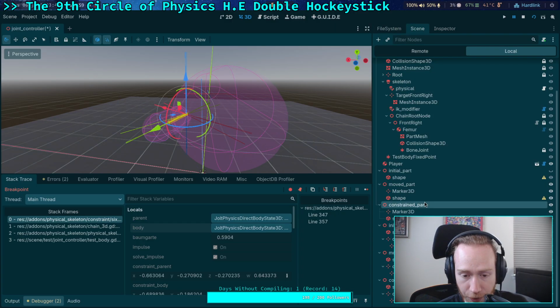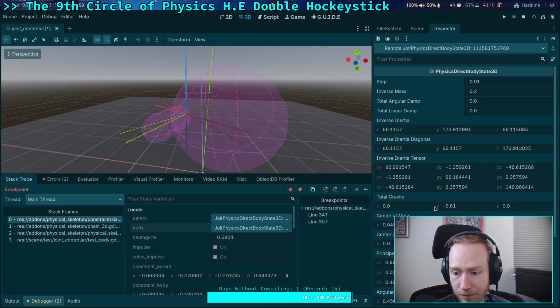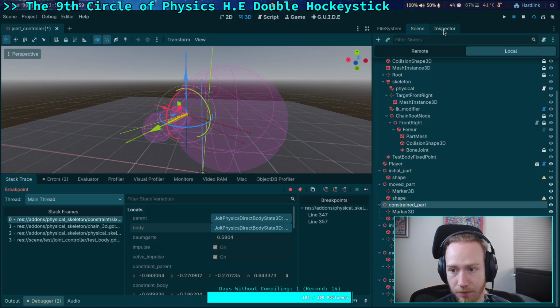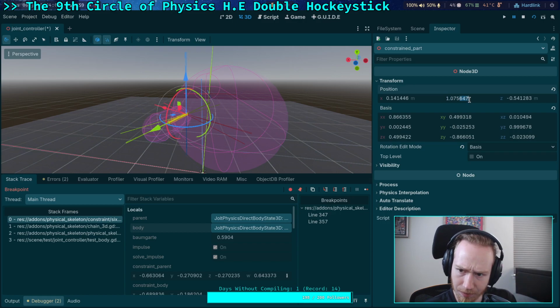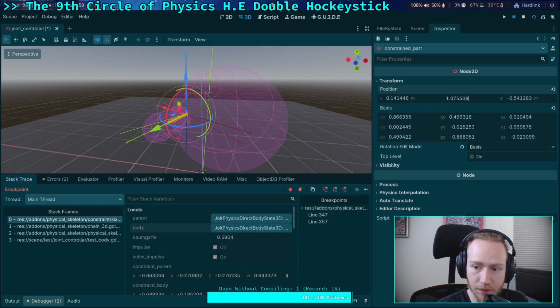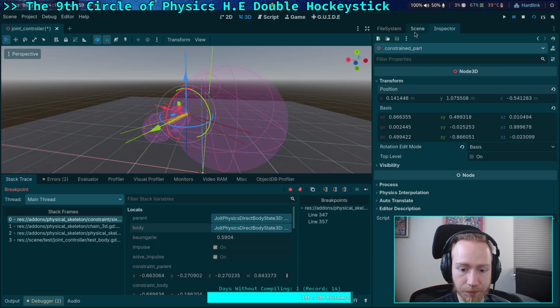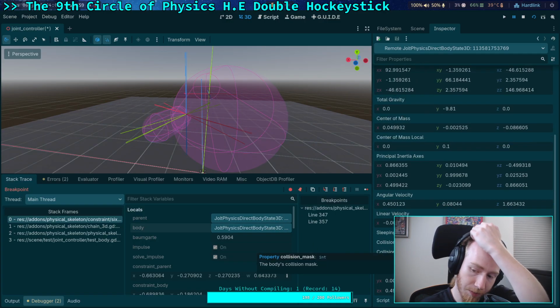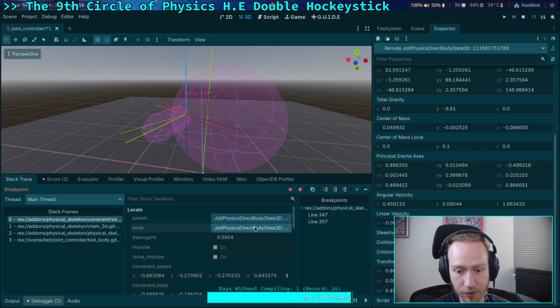Unless one of these is going to move it a meter in one of these axes suddenly. 75508. It's not moving it. 541453.